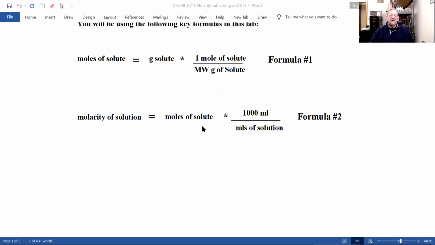So how do you go from moles of a solute in less than 1,000 milliliters to get the molarity? You take the moles of the solute, multiply it by 1,000, and divide it by the milliliters of solution in the graduated cylinder. For this lab, that's 50.